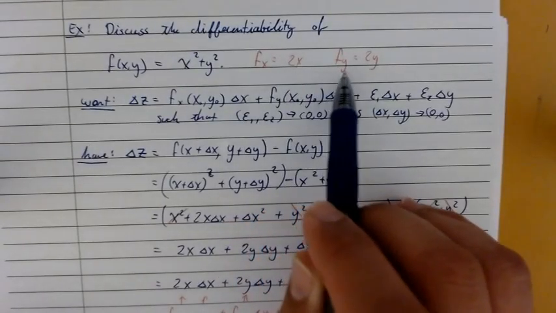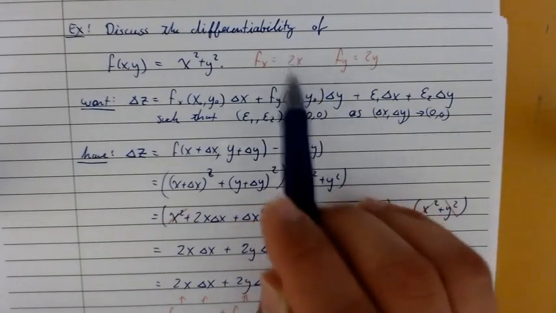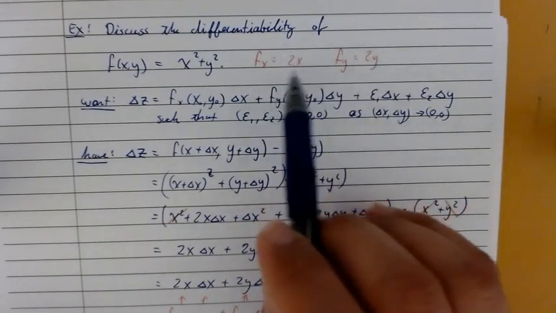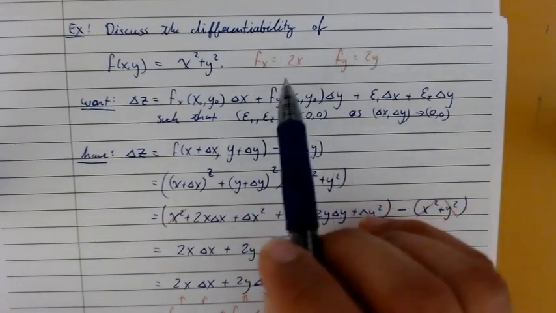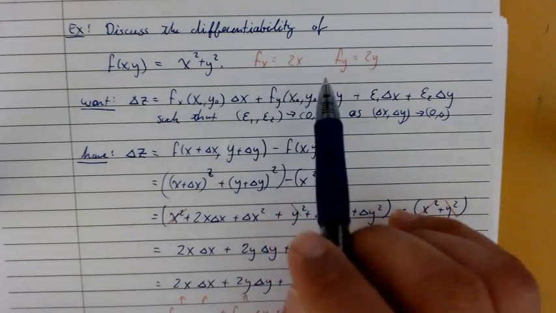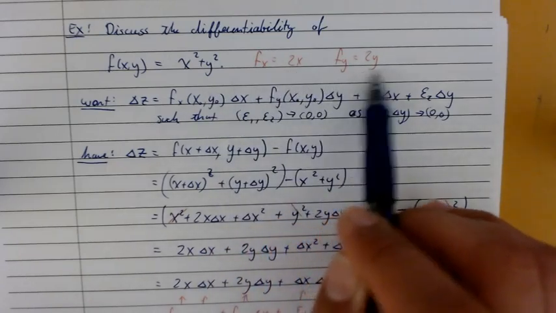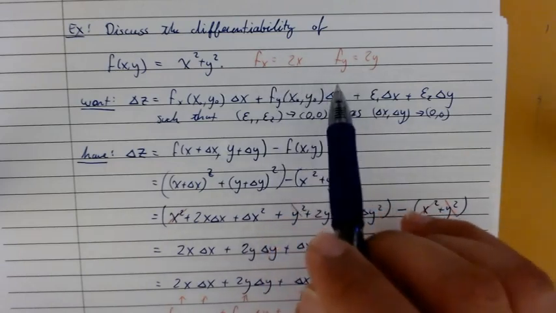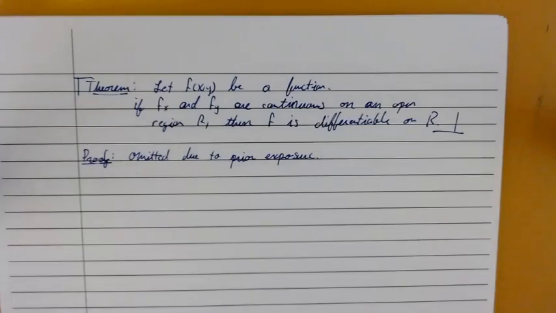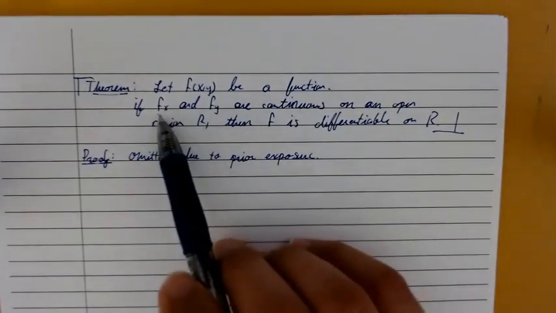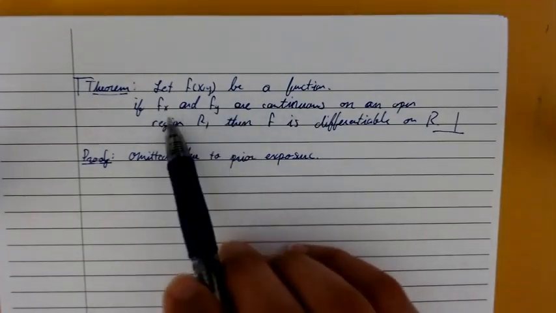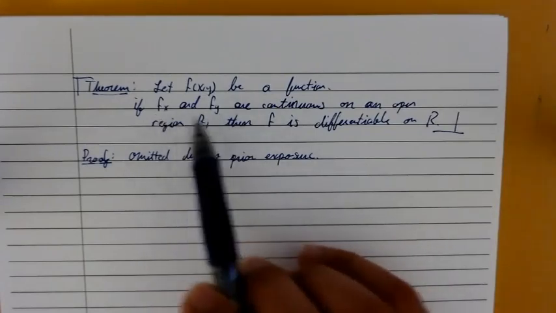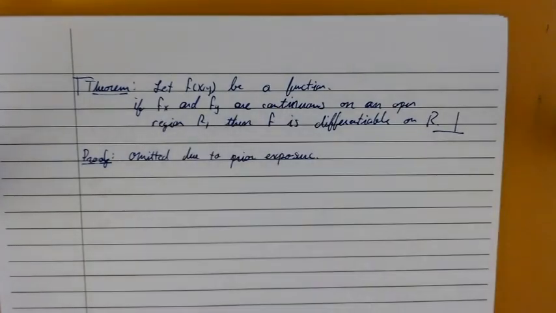So if we look at our previous example here, note that f sub x is 2x and f sub y is 2y. So both of these are polynomial functions, and since they're polynomial, that means they're continuous. So I have a function whose two partial derivatives are continuous.